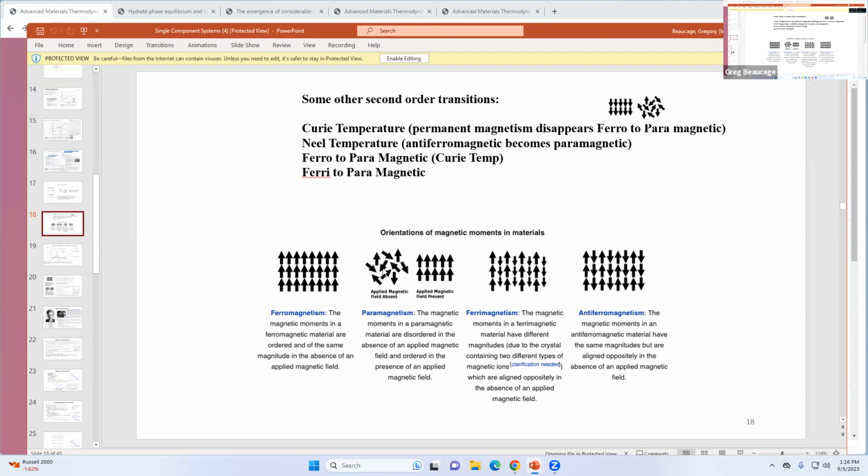When they line up, there's a certain energy interaction between those domains that is good. Like north and south would be opposite and that would be the best, or north is good, right? Basically, there can be a reason that they'll align so they're all pointing in the same direction.